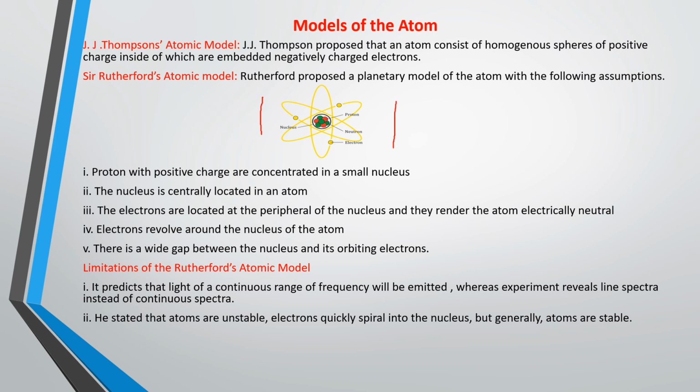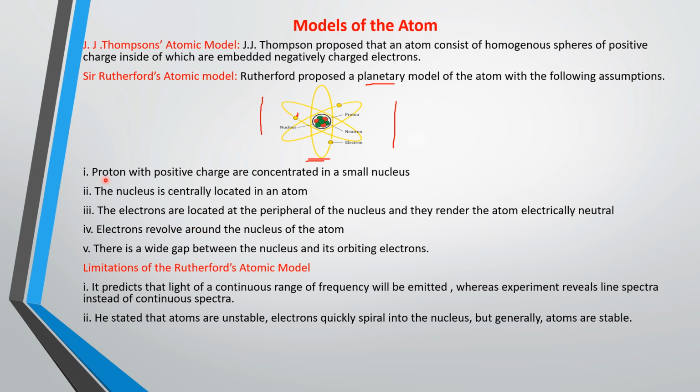You can see the electrons here orbiting around the central nucleus that contains protons and neutrons. So the Rutherford model is like the planets revolving around the sun. The nucleus is like the sun, and the planets are revolving around it. That is what Rutherford proposed, and these are some of his assumptions.